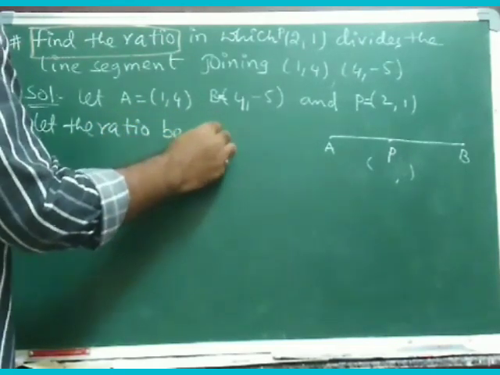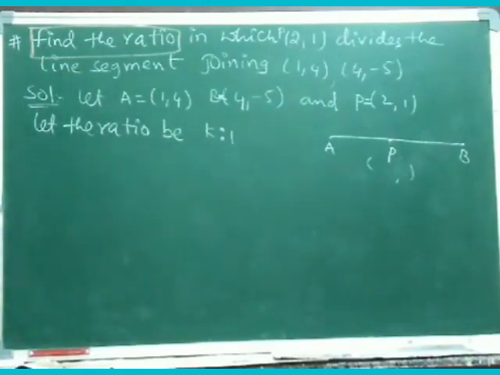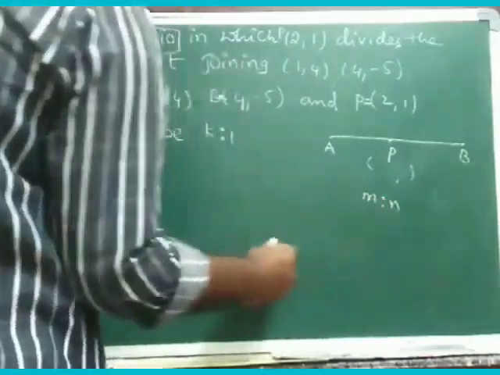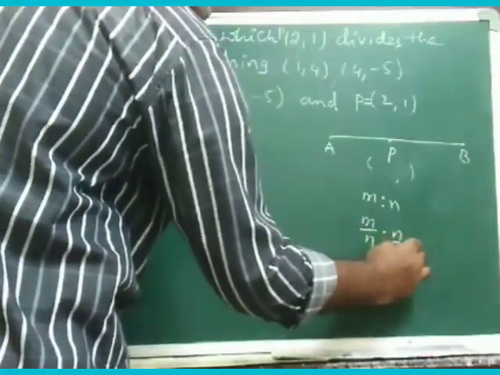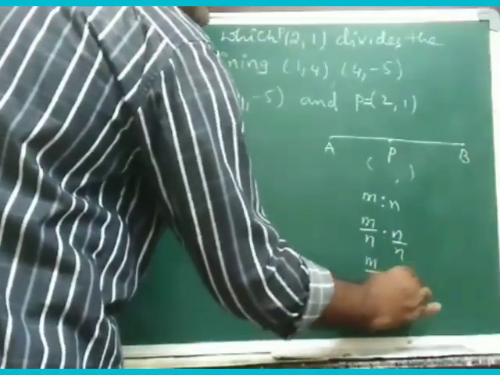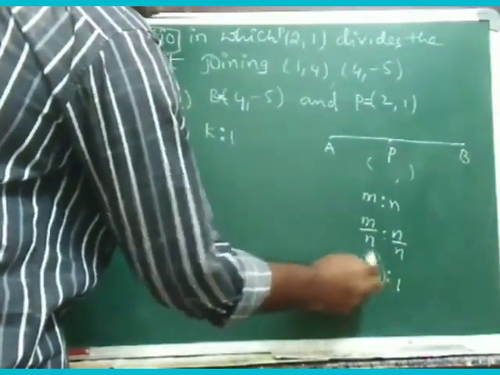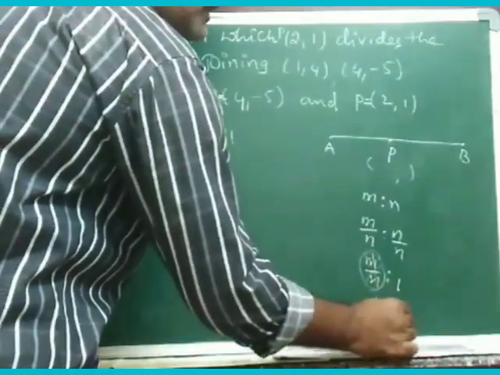be, say, some k:1. Actually you can also proceed with m:n here, but better to proceed with k:1. It's a simple technique. See, m:n itself, if I divide both sides by n, then m/n is to n/n, isn't it? So that means this is nothing but m/n is to 1. Now let us assume that this m/n is a single number, say some k. Hence this becomes k:1.